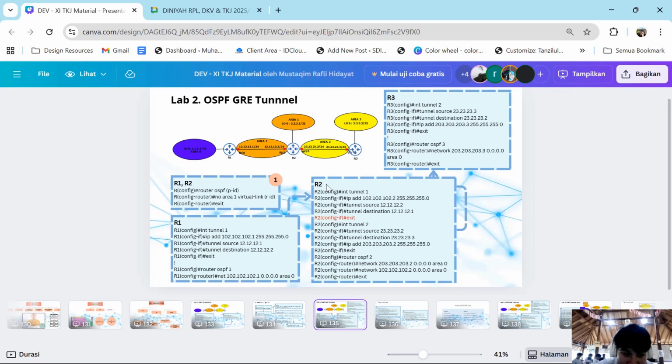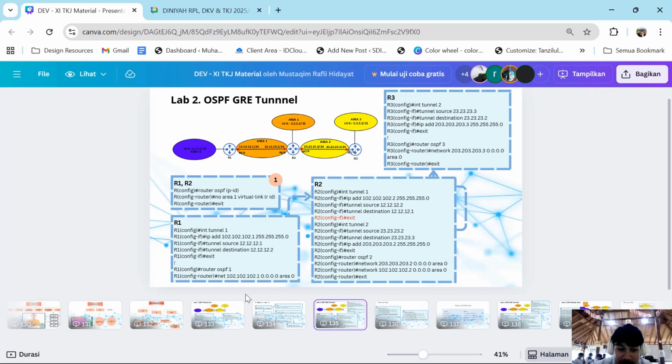So guys, I think for tunnel this is all. This one, tunnel 12, goes to router 1, goes to router 2. So each area has its own tunnel or bridge, and this network is 102.102.102.100, area 0.